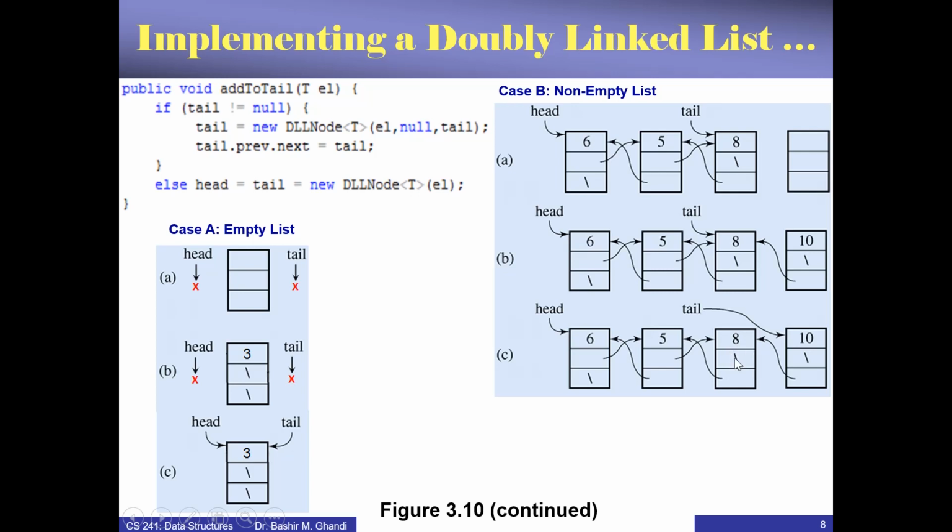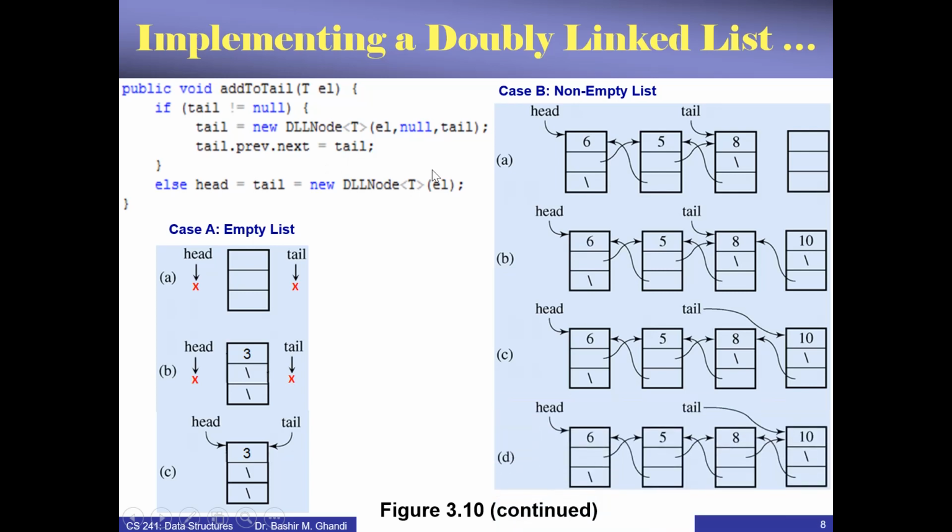And what we want to assign to it, we want it to come to this node. So which reference is already pointing to this node? It is tail. Therefore, we will assign to this variable the value of tail. This is exactly what this second statement is doing. Say tail dot prev dot next becomes tail.